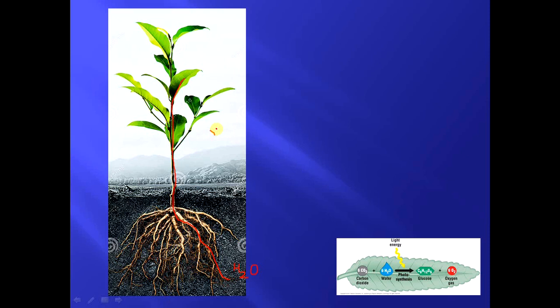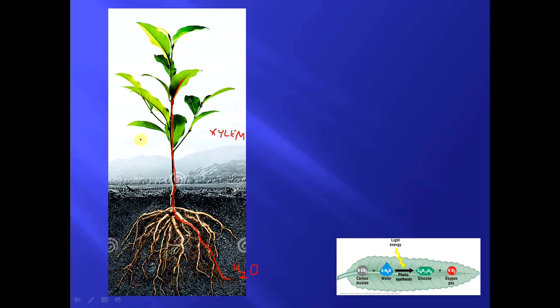So those are called xylem. Now remember that we talked about this when we talked about water and capillary action, because the xylem vessels operate with capillary action to pull that water up.